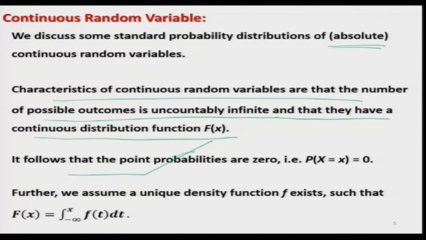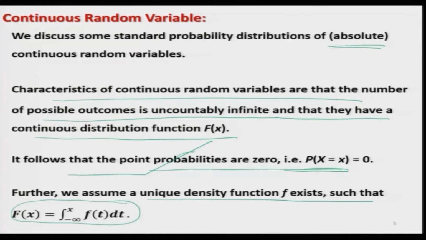It follows from the definition of a continuous random variable that the point probabilities are 0, that is, the probability that X equals small x is always 0, which we already discussed earlier when we discussed discrete and continuous random variables. We also assume that a unique density function small f exists such that capital F_X(x) equals the integral from minus infinity to x of f(t) dt.